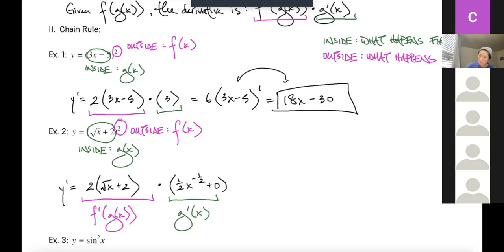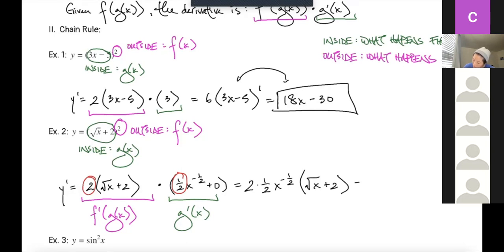Now, in case this is where your 1/2 went to, if we're combining things and simplifying, we could take this 2 and this 1/2 and multiply them, and we would get 1, and then we wouldn't have the coefficient there anymore. That's okay. So if we were to clean this up a little bit, we could get 2 times 1/2 x to the negative 1/2, and then times the square root of x plus 2.